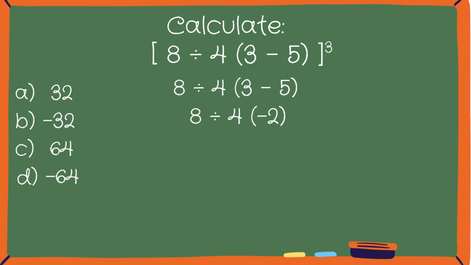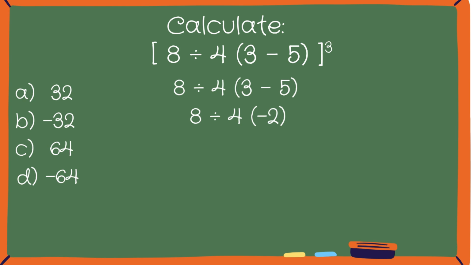And here, when I have division and multiplication, what's the order of operations? Multiplication and division have the same order of operations, so one is as important as the other. But where do I start? I start with the first one that appears, from left to right.